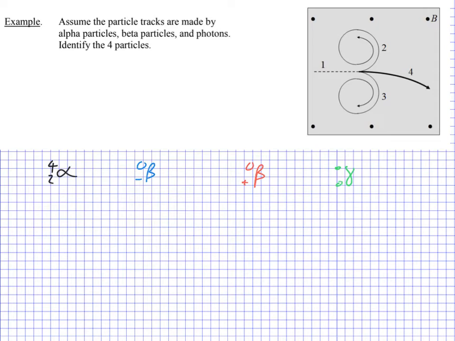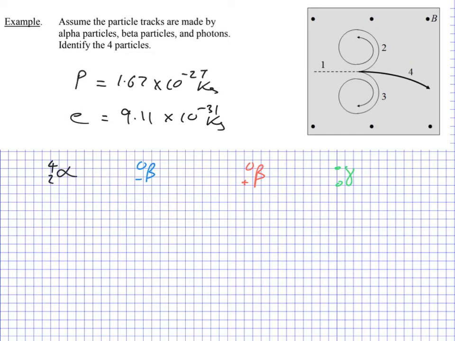Okay, so let's think about our alpha particle first of all. This guy here has a mass which is 4 atomic mass units. Now if you're not totally okay with values, you can look at your data sheets, but a single proton is 1.67 times 10 to the negative 27 kilograms, and an electron is 9.11 times 10 to the negative 31 kilograms.